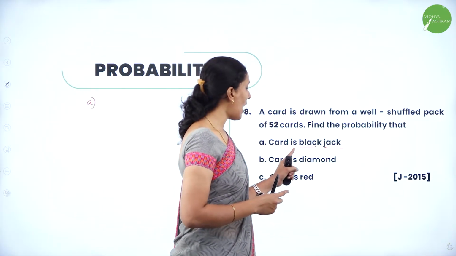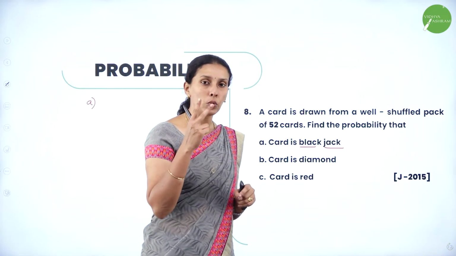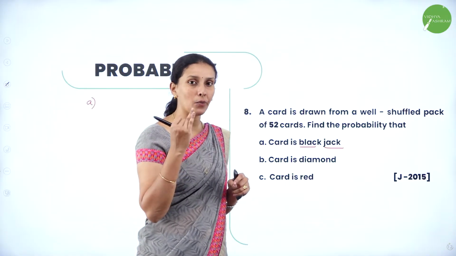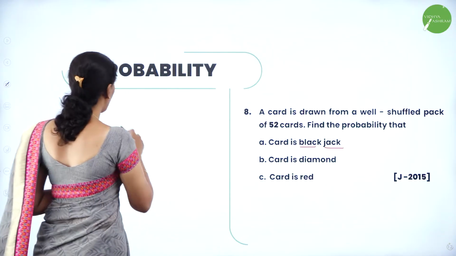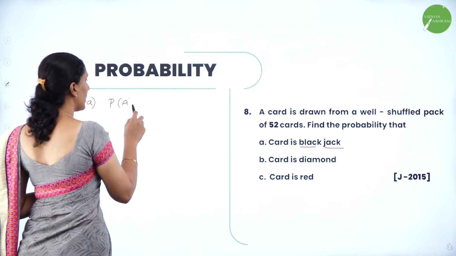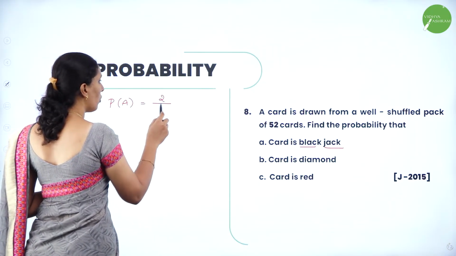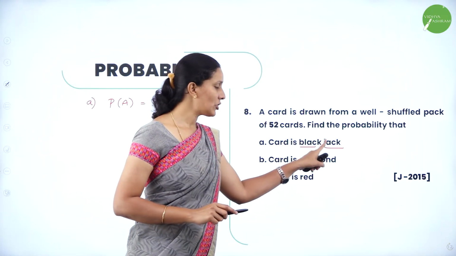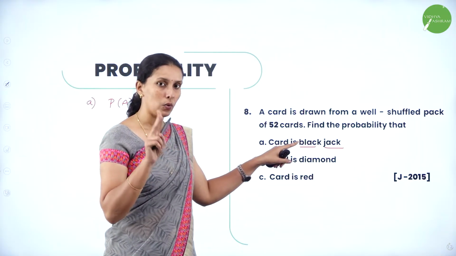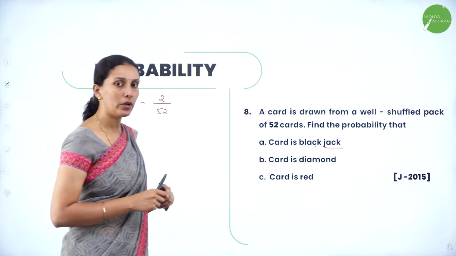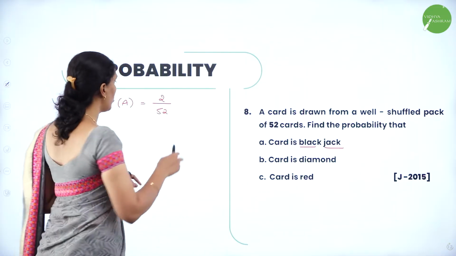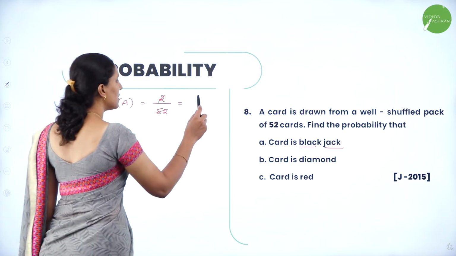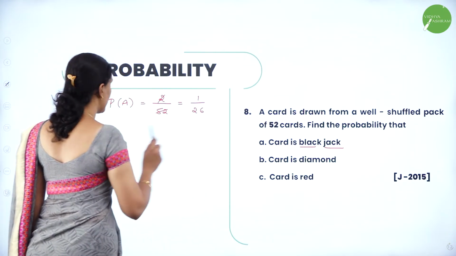So when I say card is a black jack, we have 2 black jacks, one is spade and one is club. So therefore the probability of A is 2 out of 52, because out of 52 cards we have a jack card which is black, only 2. So therefore it is 2 divided by 52. When you cancel it, this will be equal to 1 divided by 26.